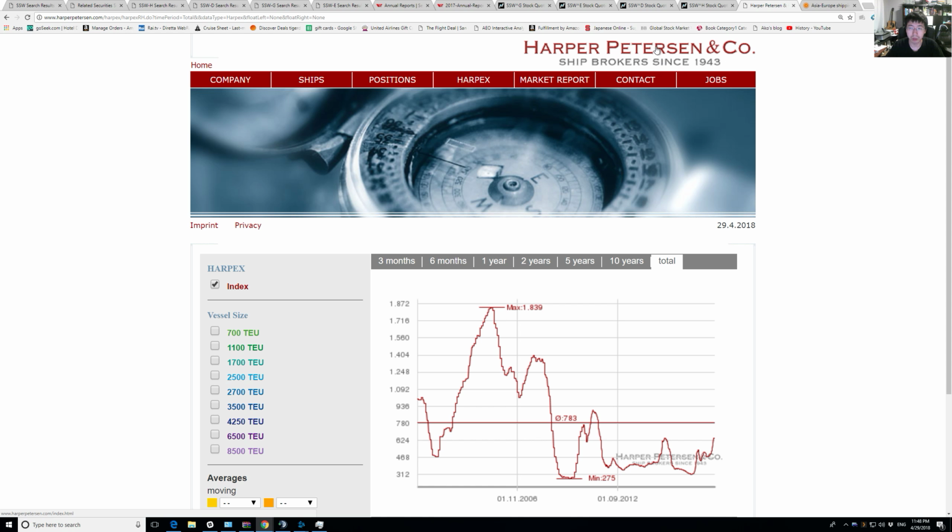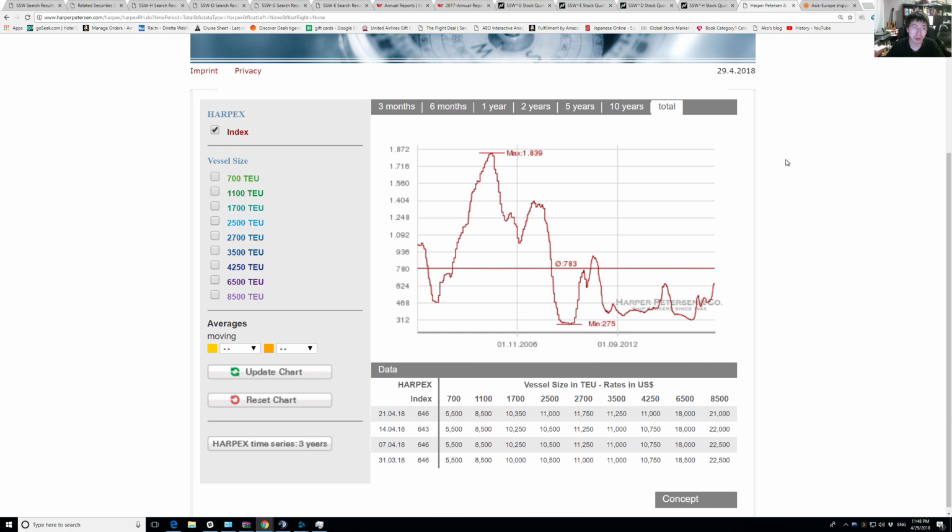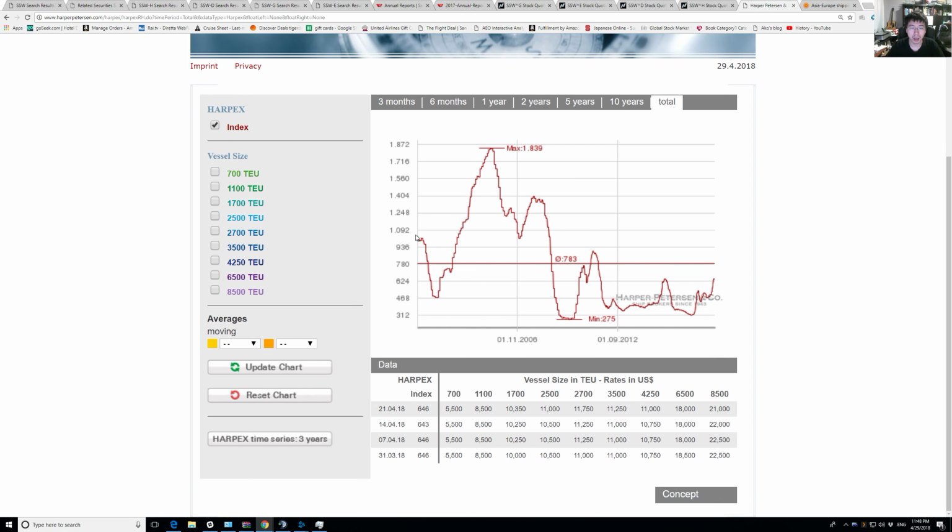This whatever company, they have some kind of index, and regardless of how good this index is, you can see that the highest it went was before 2006, so something like 2005-ish.